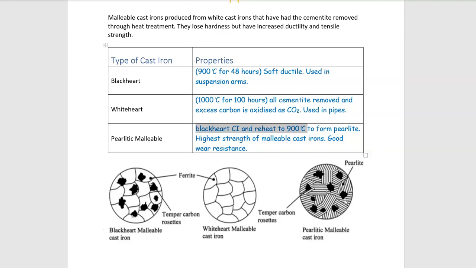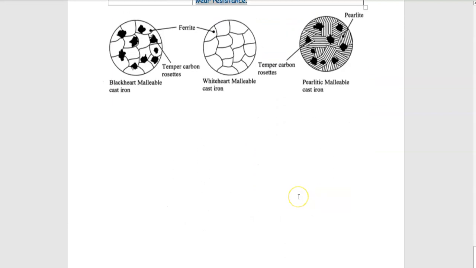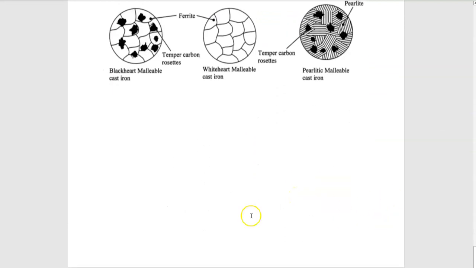Anyway, this thing has three forms. For classes, they can look up the chicken nugget reference. But anyway, black heart cast iron, and then we reheat it again and this forms pearlite. It has the highest strength of malleable cast irons, and it has good wear resistance and good hardness, and that is it. We are done.